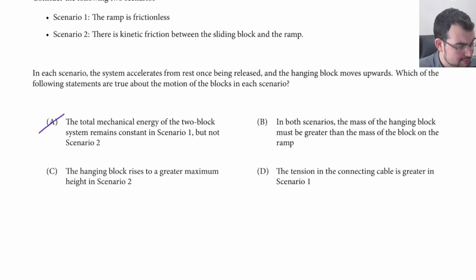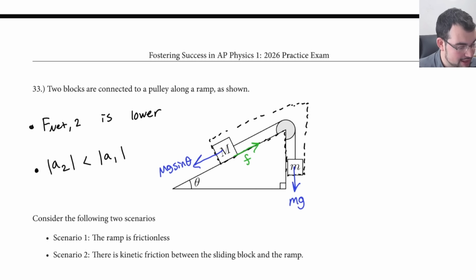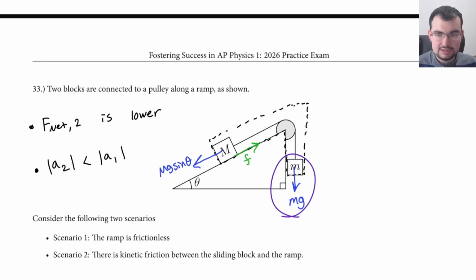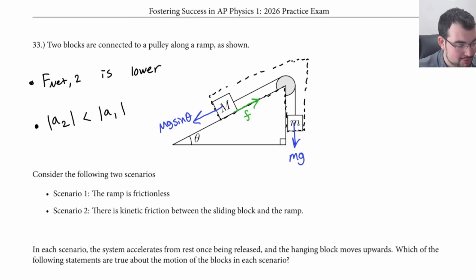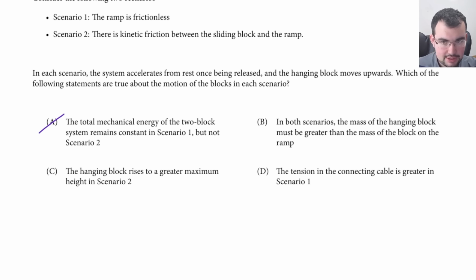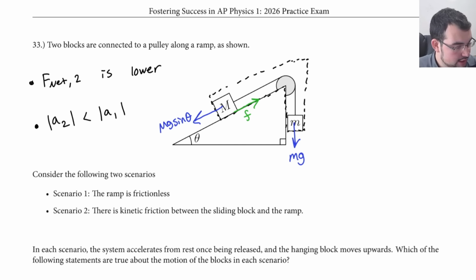In both scenarios, the mass of the hanging block must be greater than the mass of the ramp block. Well, notice that the hanging block pulls down with its full mg, but the ramp block pulls with mg sine theta, so only part of its weight. So that's actually false. Because if we're getting pulled upwards, that must mean there's a ton of mass on the ramp, right?